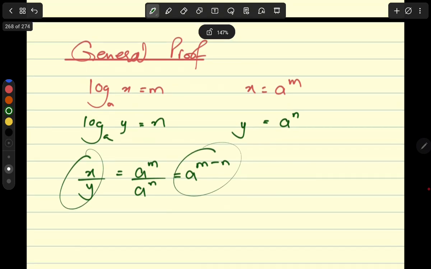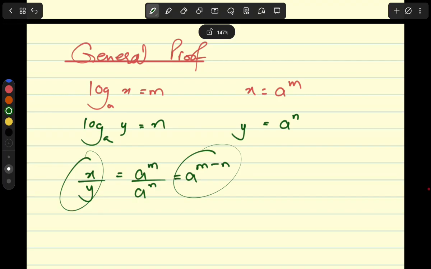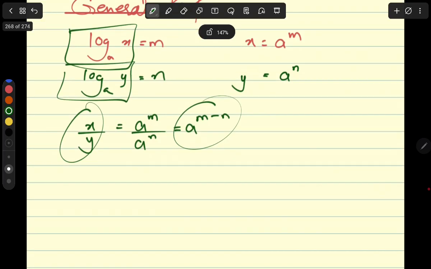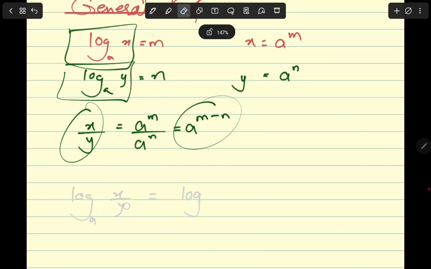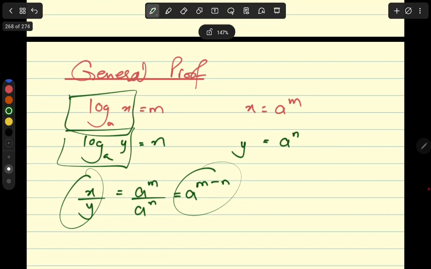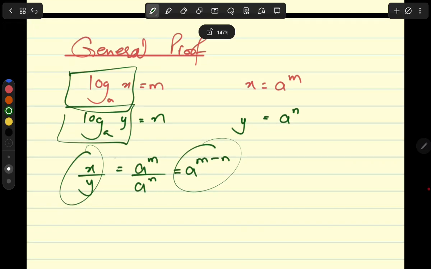And now we know that m was what? So m was log x to the base of a, and n was log y to the base of a, right? So we wrote that x upon y, which was a power m over a power n, where m was log x to the base of a and n was log y to the base of a.